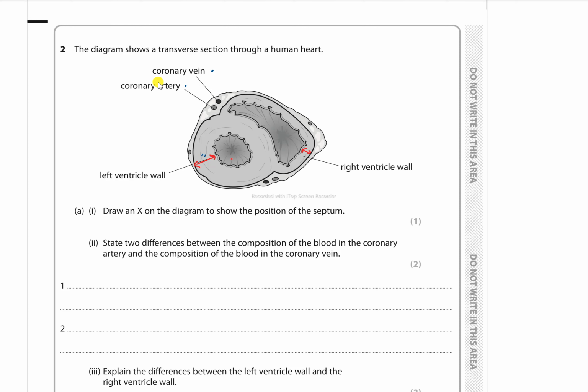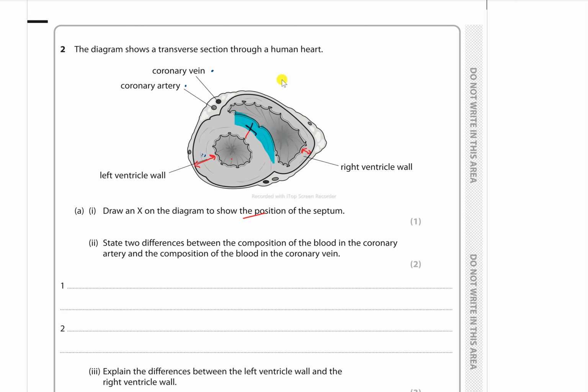Right, draw an X on the diagram to show the position of the septum. The septum is there. Right, just one second. Right, this is what the septum is. I've not seen that in the book, so I don't know how that's crept in.